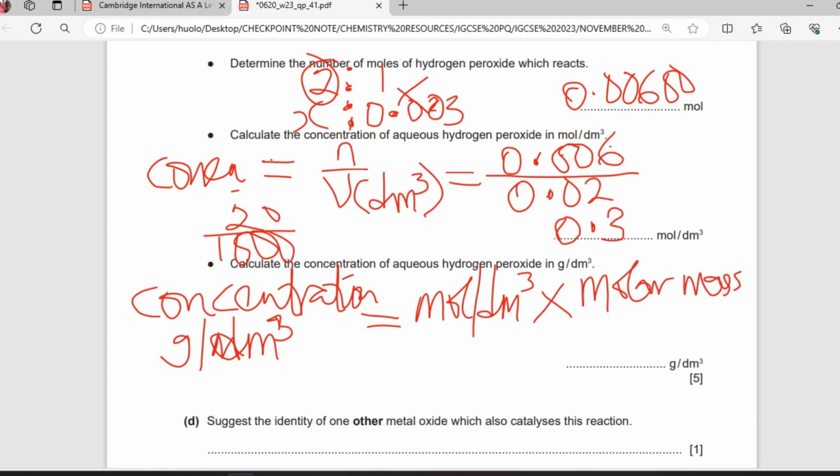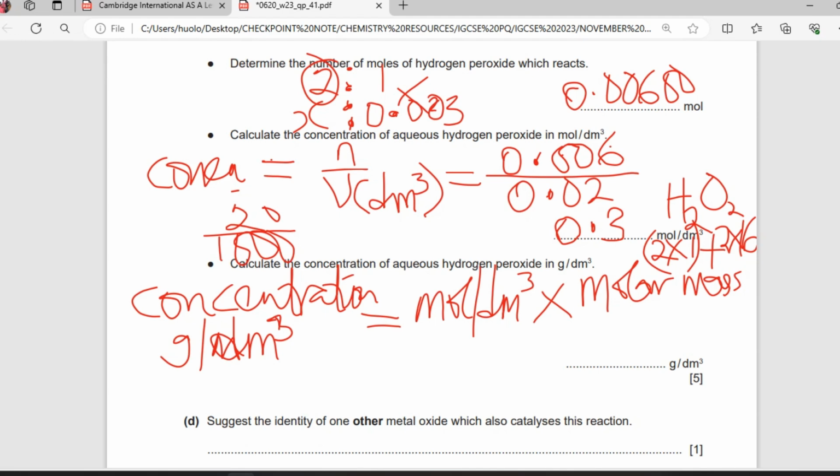Your hydrogen peroxide is H2O2, so you are doing 2 times 1 of hydrogen plus 2 times 16 of oxygen, which gives us 34.